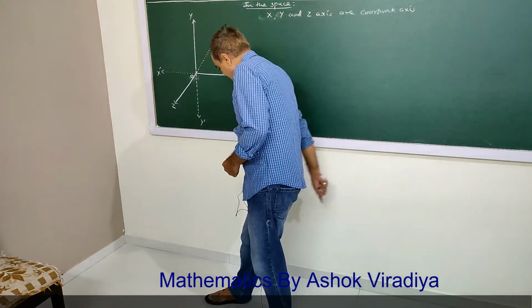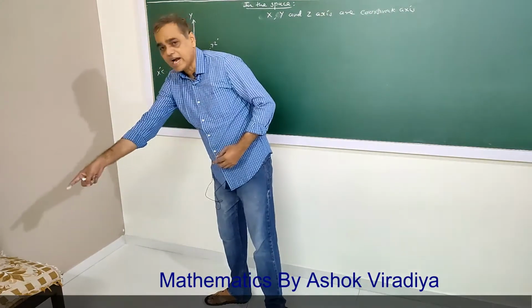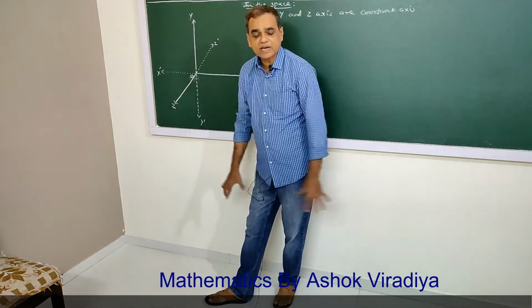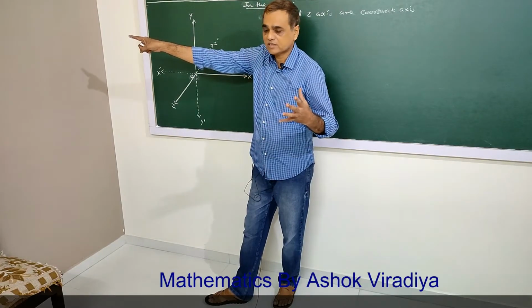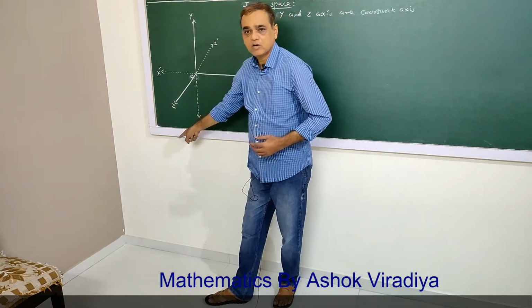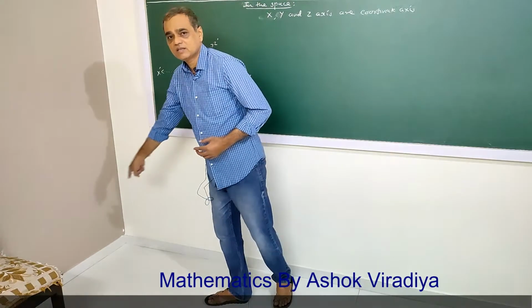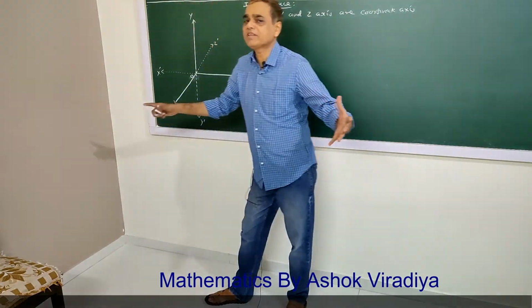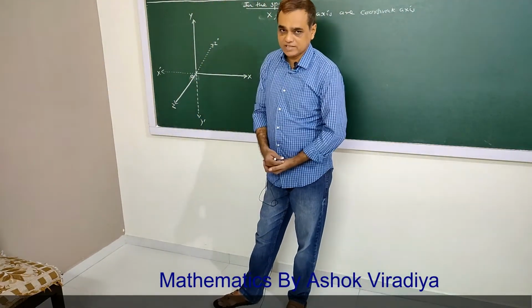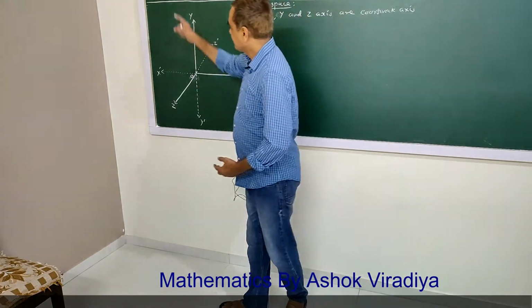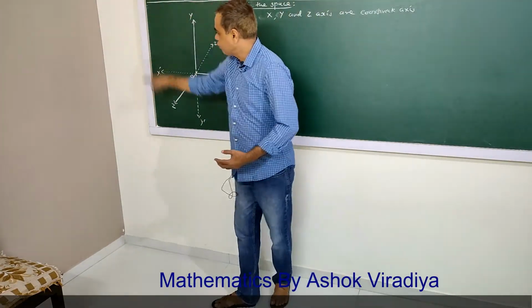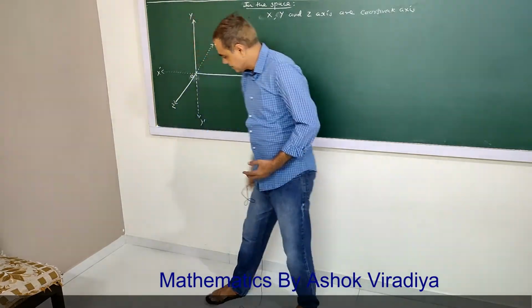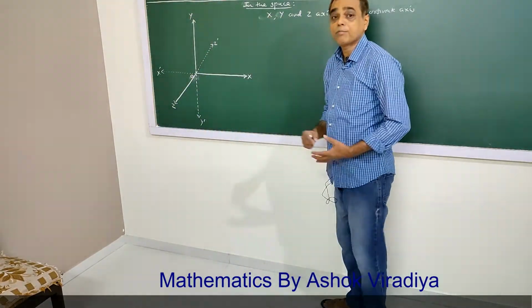So this is XOZ plane. This wall you can imagine as YOZ, or simply we can also say YZ plane. So this is XY plane, this is YZ plane, this is XZ plane.